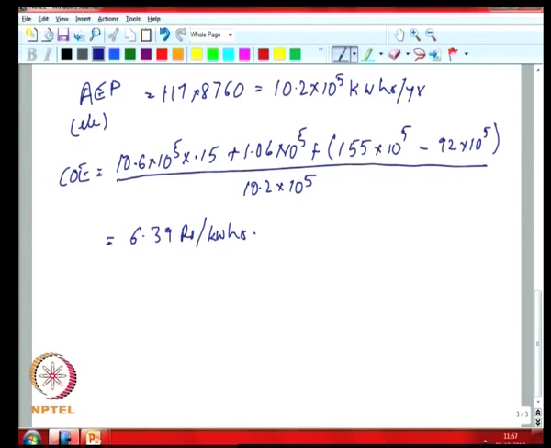So, this also implies that, in this example, we assume that the diesel cost is 50 rupees per liter. Suppose the diesel cost went up by some amount, then that would reflect quite dramatically in the cost of energy.